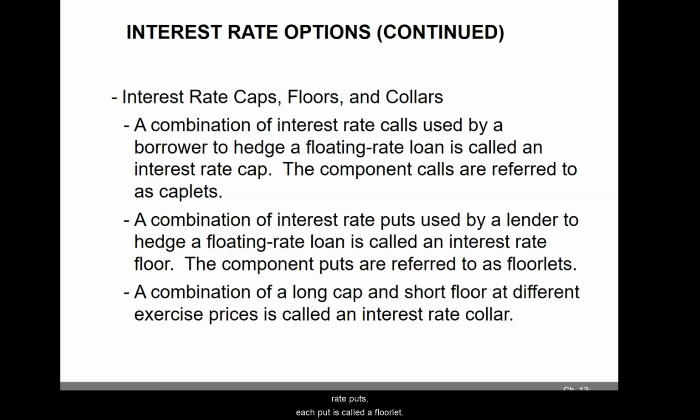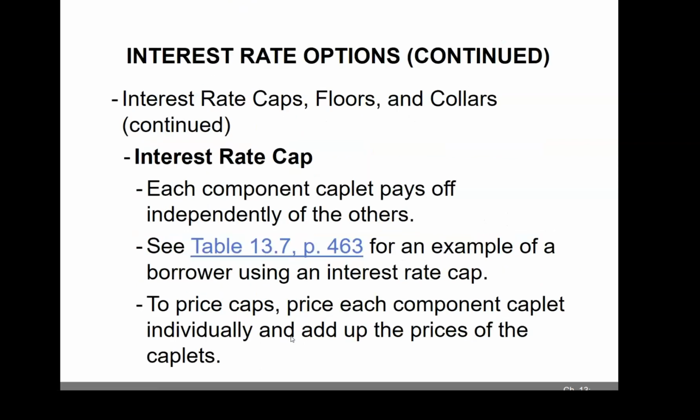Each put is called a floorlet. A collar is a combination of a long cap and a short floor at different exercise prices. This is generally done to reduce the cost of a long cap. An interest rate cap has caplets or interest rate calls which are independent from each other.